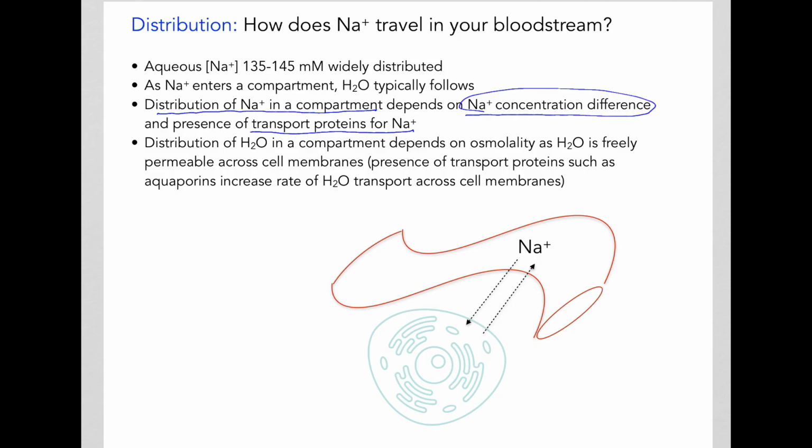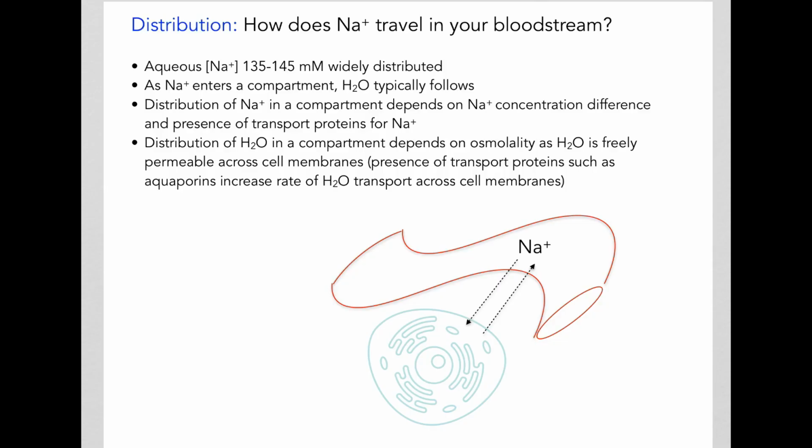As we mentioned, sodium cannot cross the plasma membrane, so it does require some sort of a transport protein, and there must be a difference in concentration between one compartment where the sodium originates and the compartment where it enters, where the sodium concentration should be low. Here the sodium concentration should be high. And that concentration difference will drive the sodium through the transport protein in that direction.